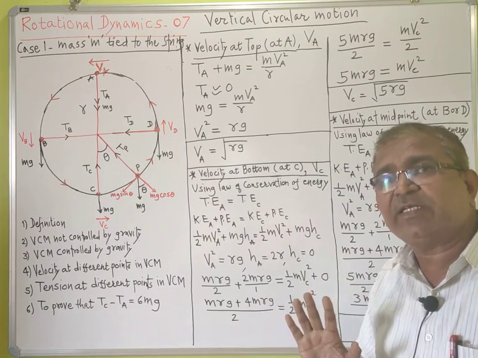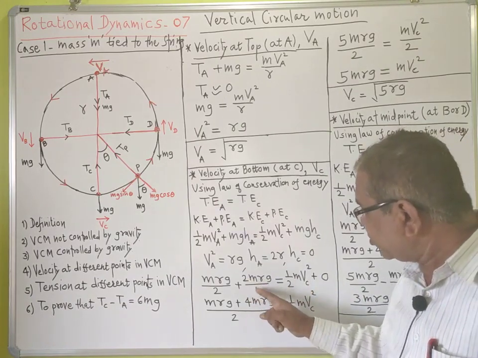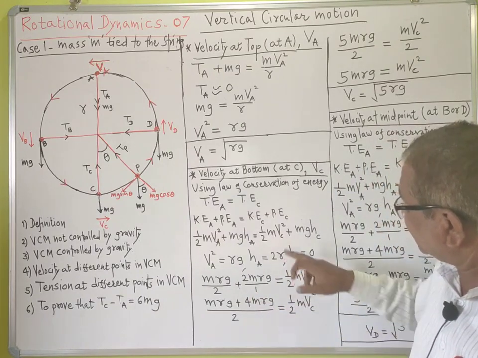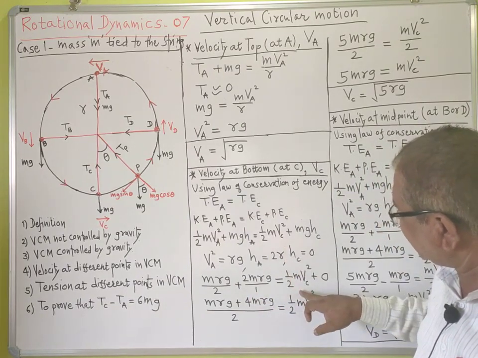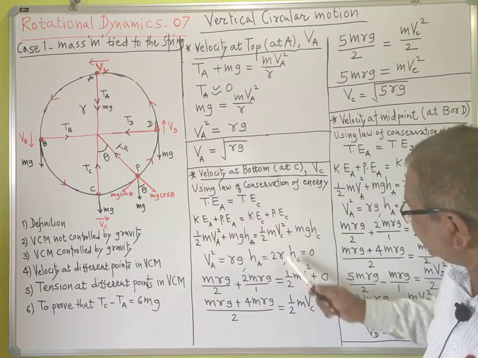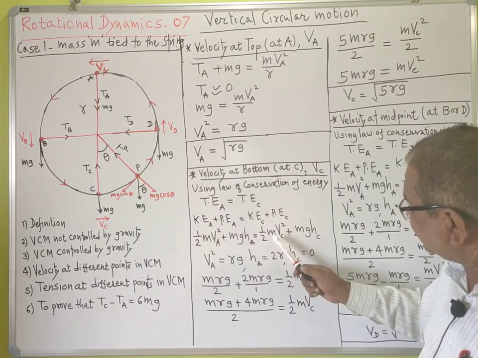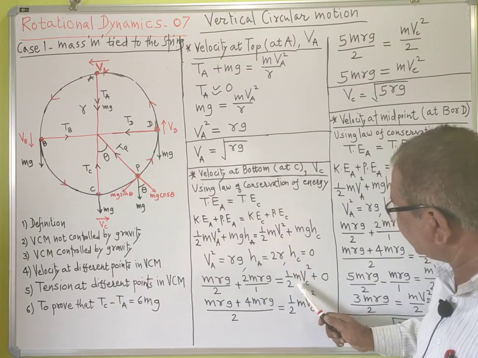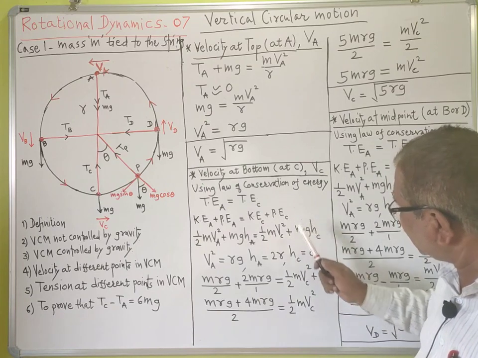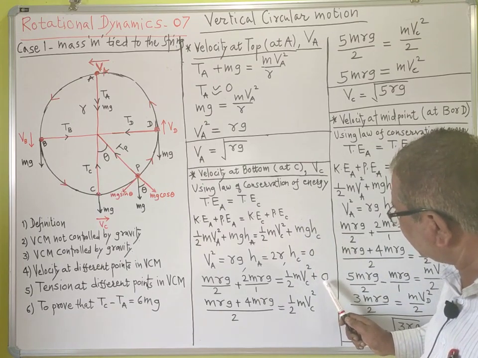For our convenience, I will put denominator 1. We have to calculate VC, so this remains as it is, 1/2 mVC square. This step remains as it is. The HC is equal to 0, so this whole term is 0, so I have put here 0.